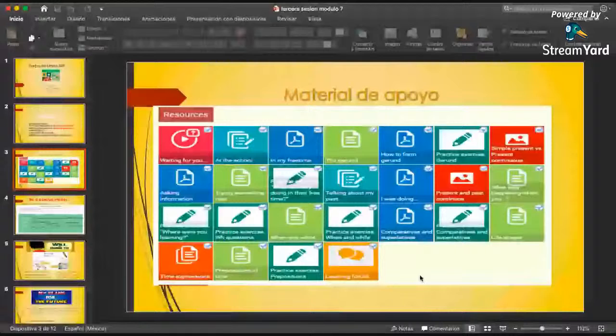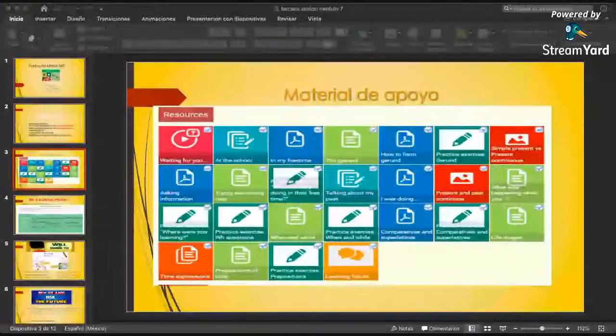So you're going to practice the future using will and going to. You're going to talk about your future plans this week. So it's very important to check the extra material, okay?